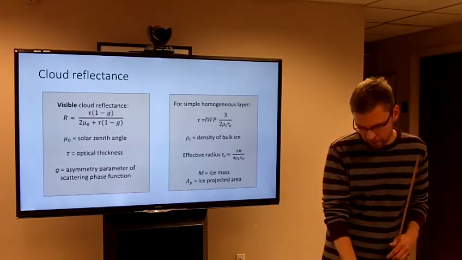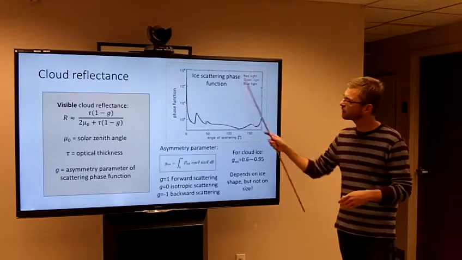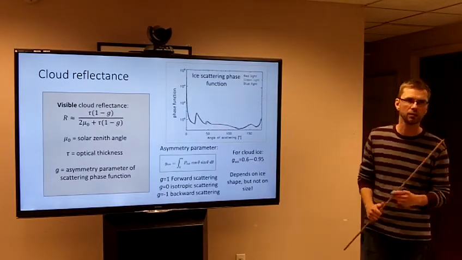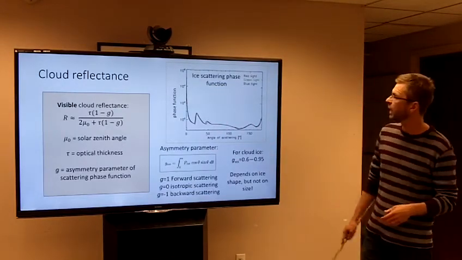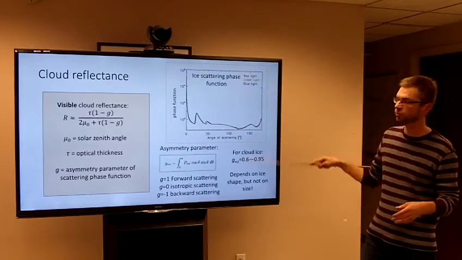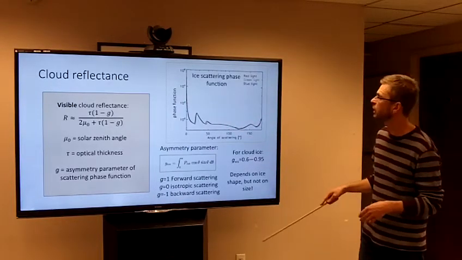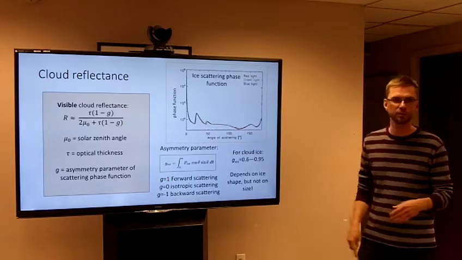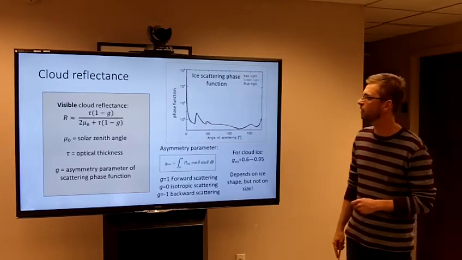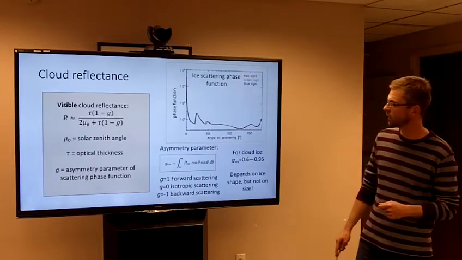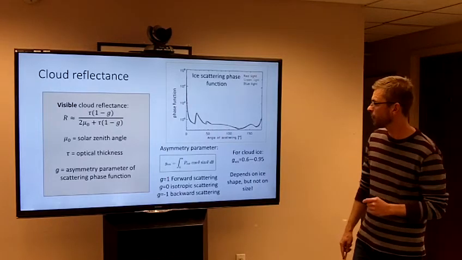And then the asymmetry parameter is deduced from the scattering phase function. So this is the phase function for ice in the visible. Here is the 22-degree halo that you sometimes see through cirrus.